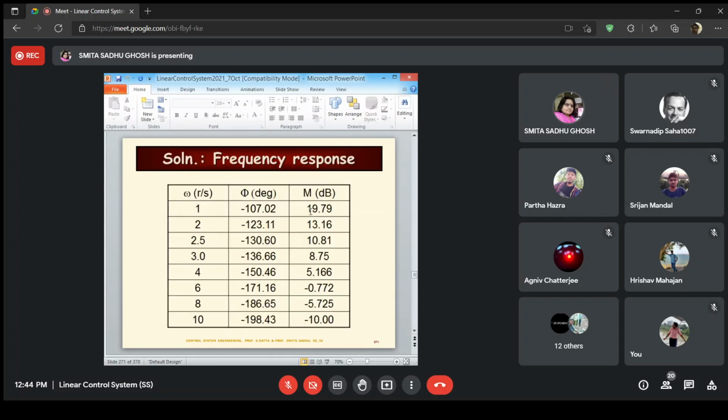Achha. Yes. So 19.79 is the magnitude value in decibels at a frequency of 1 radian per second, right? So that actually verifies this entry over here.